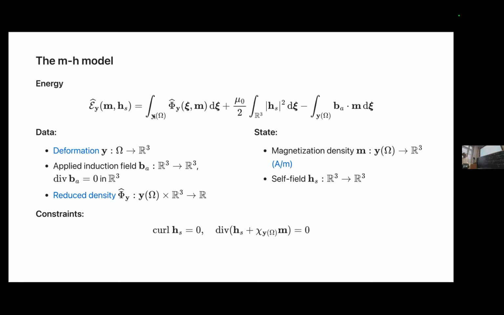So you see that now in the energy, I have Y as a subscript. And also now I'm integrating the magnetic energy in the current configuration. So I'm pushing forward this integral in the deformed configuration. And so you have to redefine the energy, but you can write it in that way. So we just consider the deformation fixed.